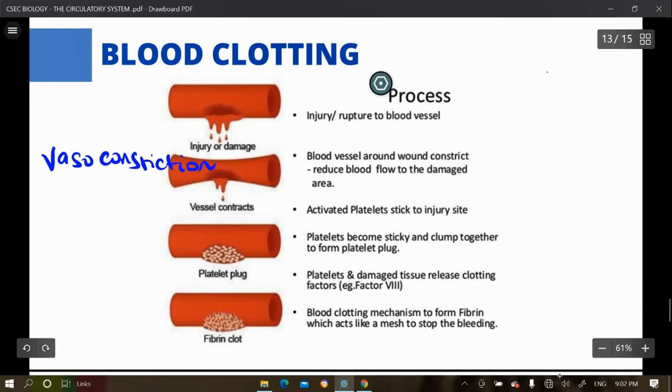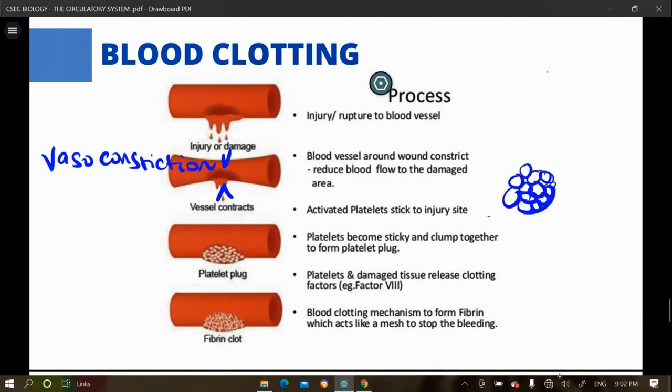And that would basically be like a pinch in the area to decrease the amount of blood flow to the damaged area, because you don't want to be losing any more blood than you're actually losing. This will cause platelets to be activated, and they will come together and stick together wherever the rupture was, wherever you're bleeding, to basically plug the hole.